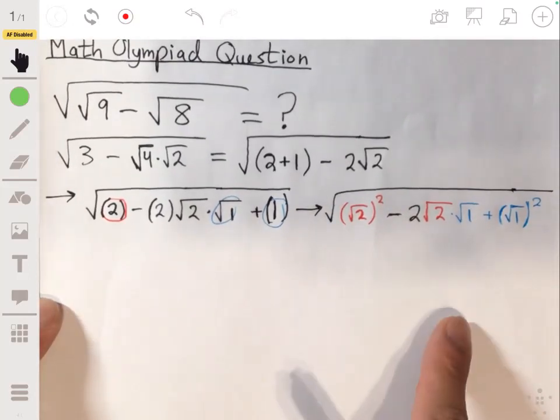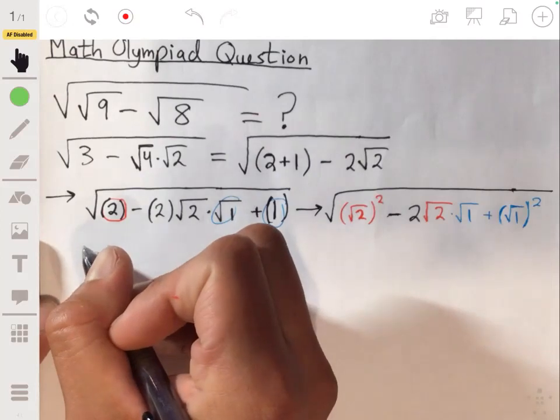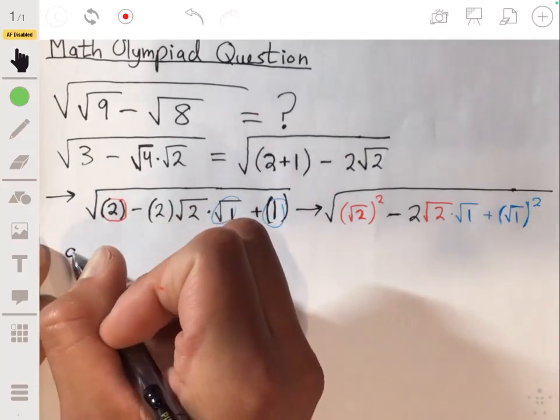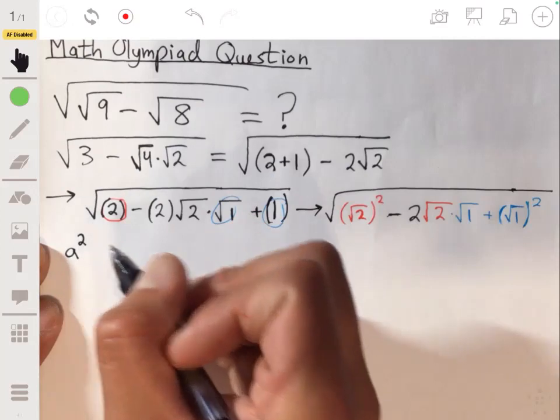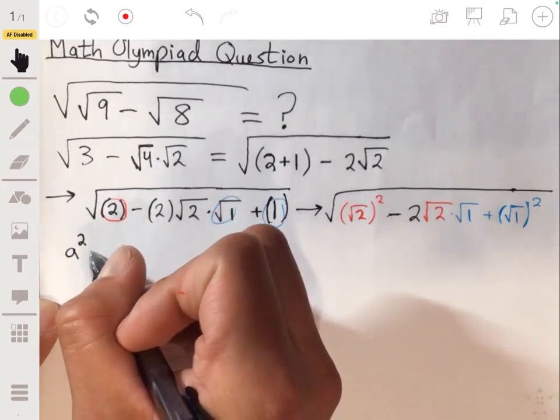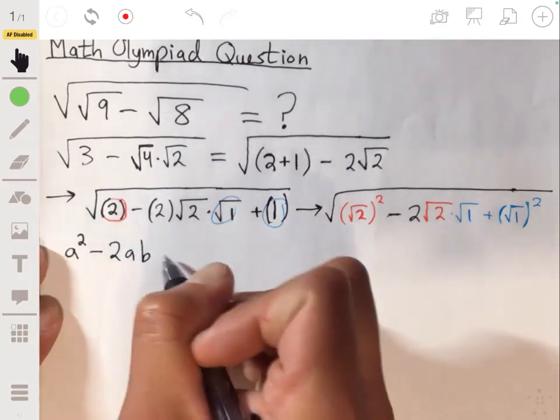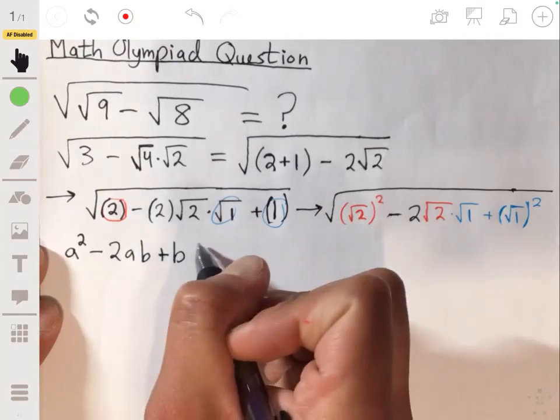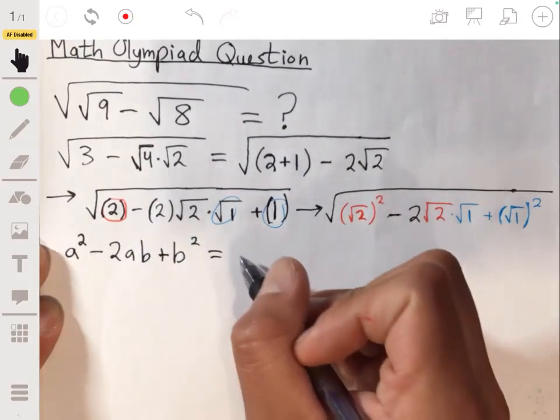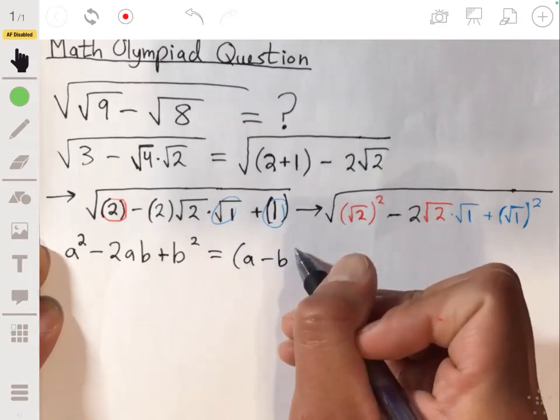Now, the reason we're doing that is because we're going to use this equation, or it's not really an equation, but if you remember this binomial expansion where we have a squared minus 2ab plus b squared, that's equal to (a minus b) squared.